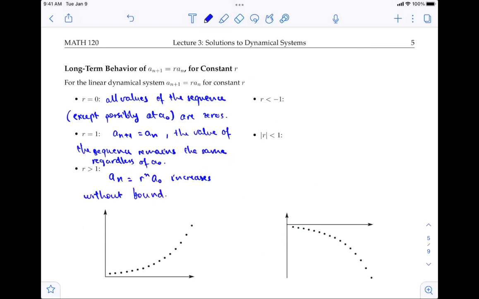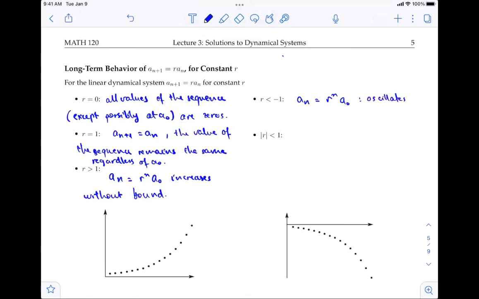When r is less than -1, then the sequence a sub n equals r raised to the power n times a0. This becomes an alternating sequence. It moves between positive and negative values, and therefore the value will oscillate.